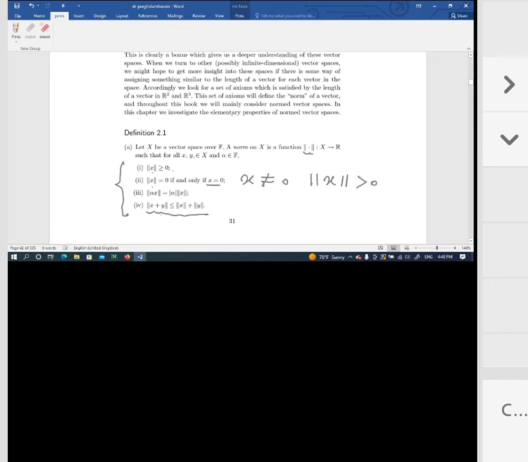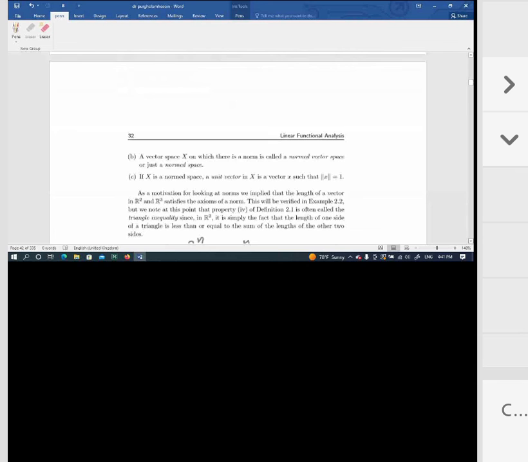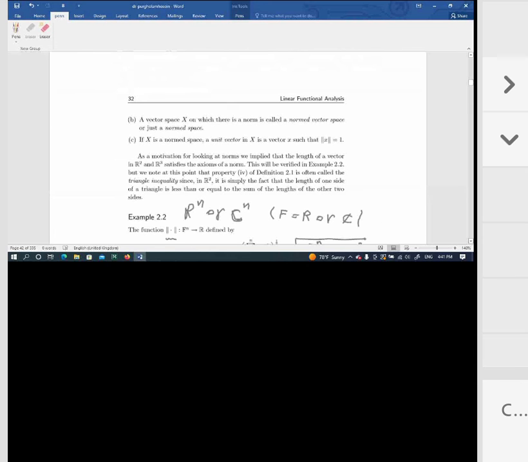And this property is the triangle inequality.